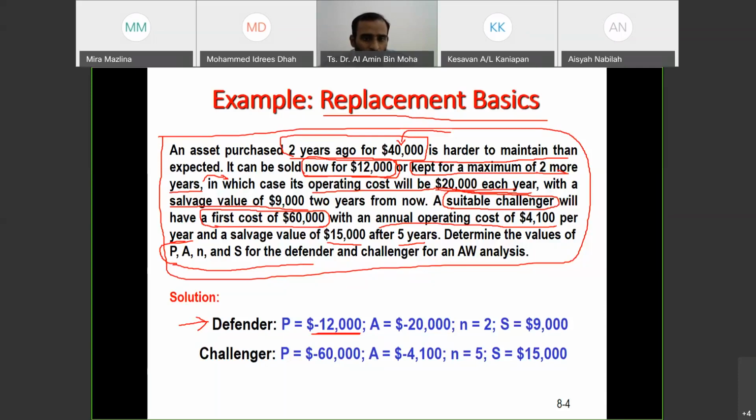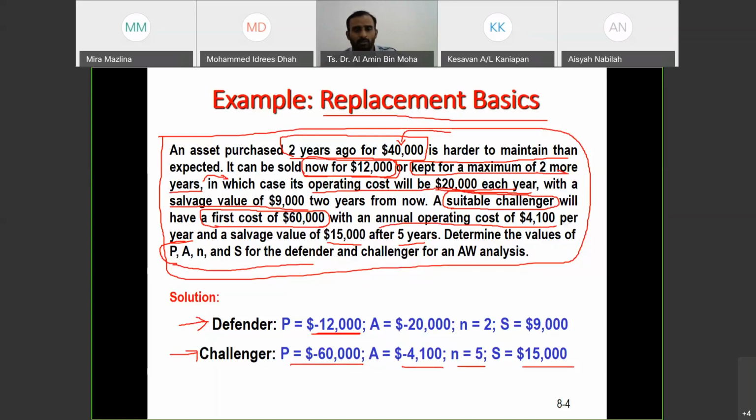And for the suitable challenger, which is the challenger, we can see P is, because we didn't buy the asset yet, the first cost 60,000. A is the annual operating cost 4,100, and then the salvage value is 15,000 after 5 years.